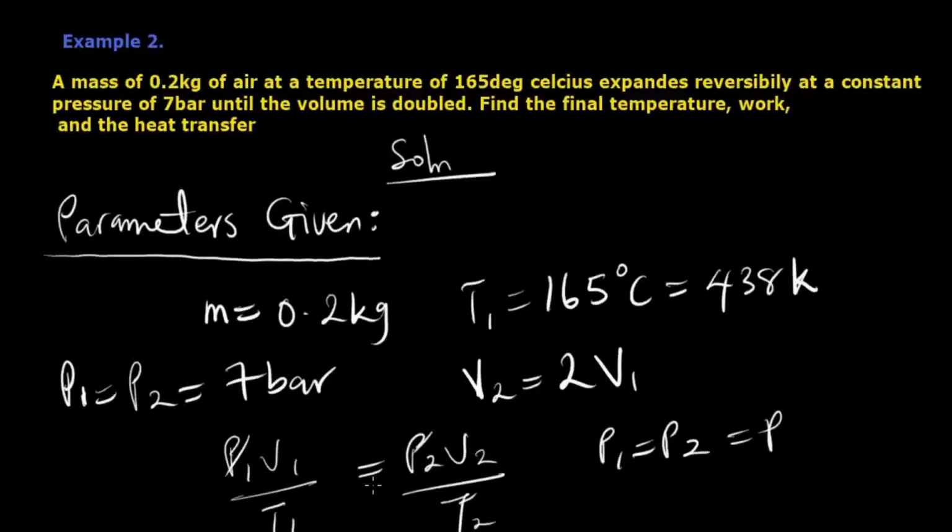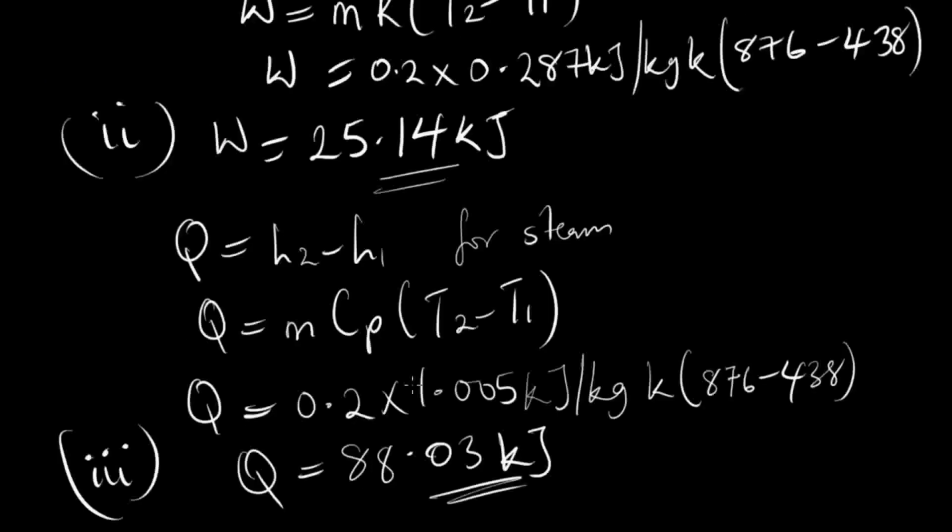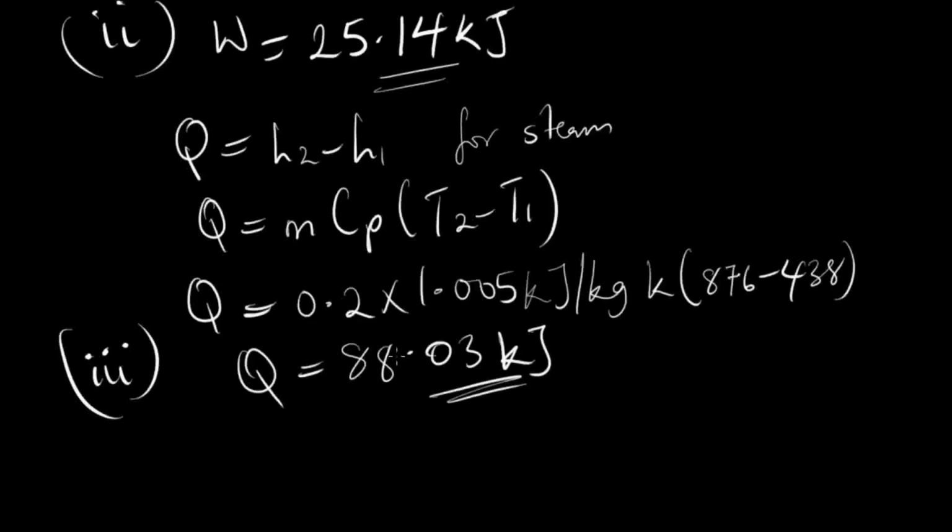So this ends the question, and we solved it. As you can see, it's not difficult. It's all about knowing the convention, knowing when to use the formula at constant pressure and at constant volume, and so on and so forth.